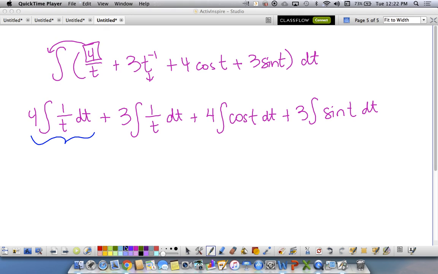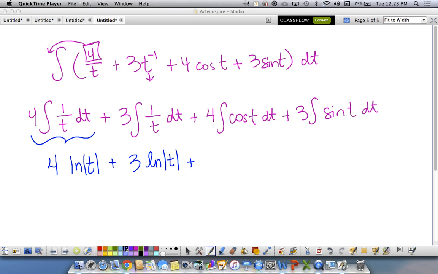So here we go. 4 times the integral of 1 over t is simply 4 natural log t. And I think they put absolute values. They do, yes. Plus 3 natural log t, absolute values.